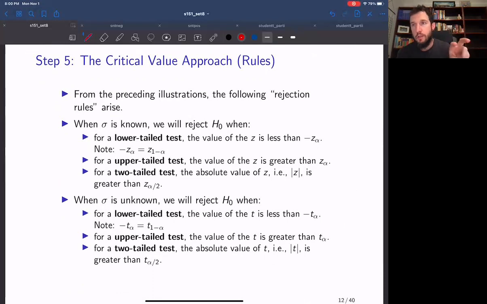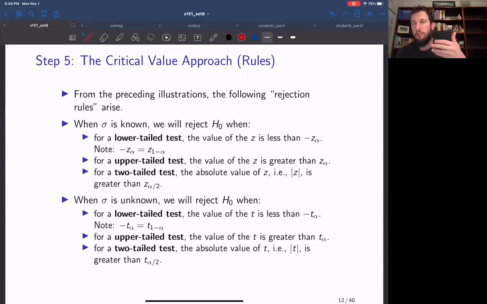If you're running a two-tail test, you can either be smaller than the lower critical value or bigger than the upper critical value. So that would mean that the absolute value of the test statistic must be bigger than the absolute value of the critical value. Okay, so in that situation, you would reject for the two-tailed test. And that's true in both the T and the standard normal cases.